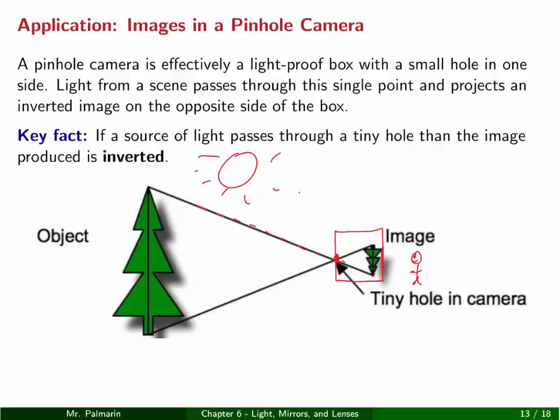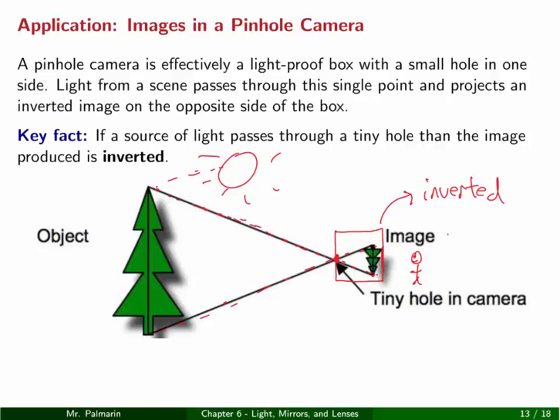Light rays are shooting off this tree in all directions, but for simplicity's sake, I'm only going to show a few of the light rays, and that will be these two right here. When one light ray hits this, it happens to go right through the hole in the camera, and that's the top of the tree, which will hit the bottom of the screen. The bottom of the tree will hit the top of the screen. Therefore, the image is inverted.